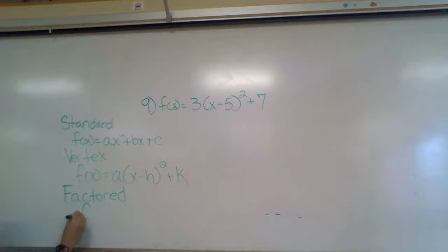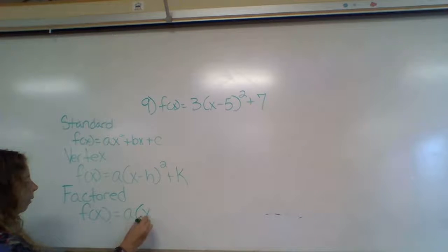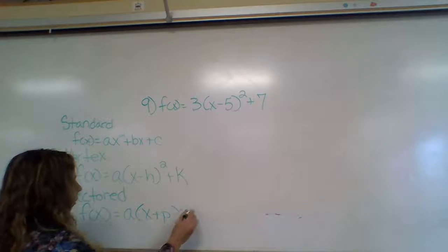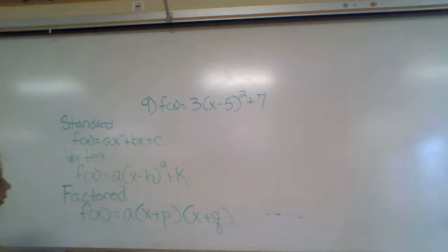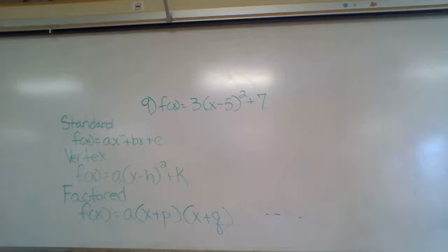It is f of x equals a times (x minus p) times (x minus q). A is the stretch or shrink. I don't know why they call p and q the factors, but they do. Those are your 3 different forms, where p and q are your factors. Get those written down. Pause me if you need to and write those down, because I'm going to erase 2 of them.